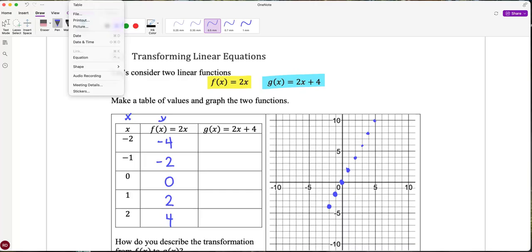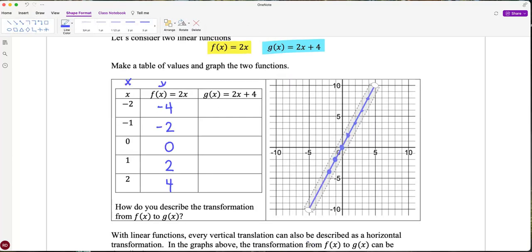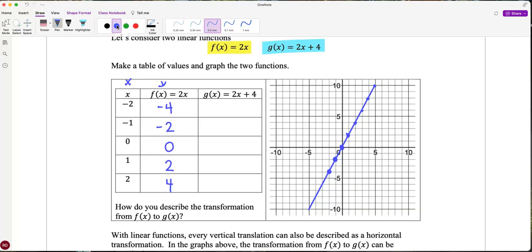If I insert a line, there I go. So this is my line f of x equals 2x.